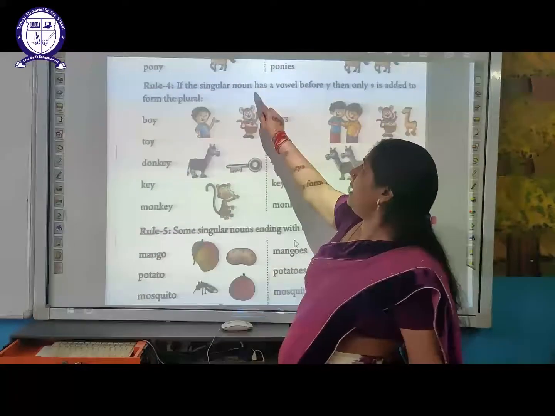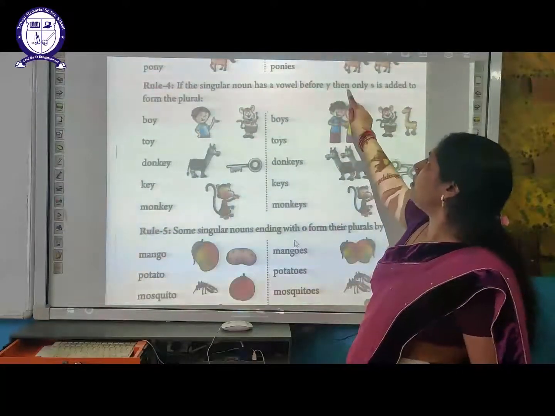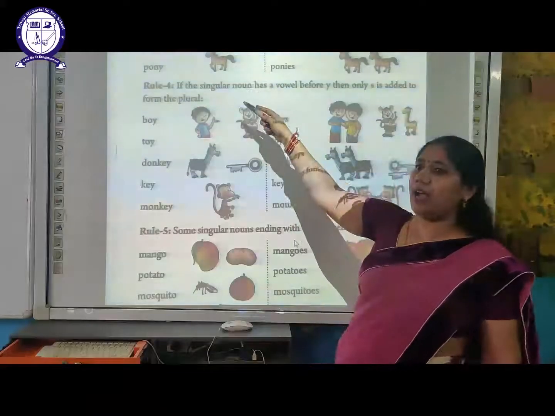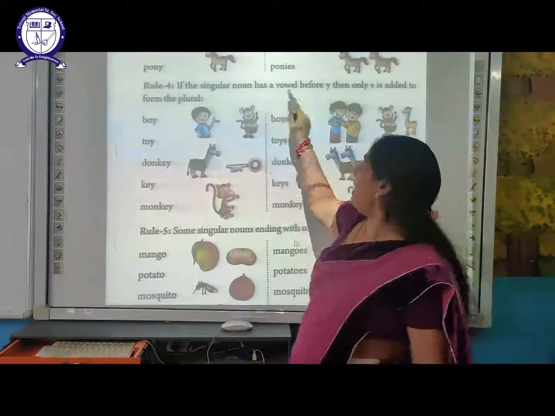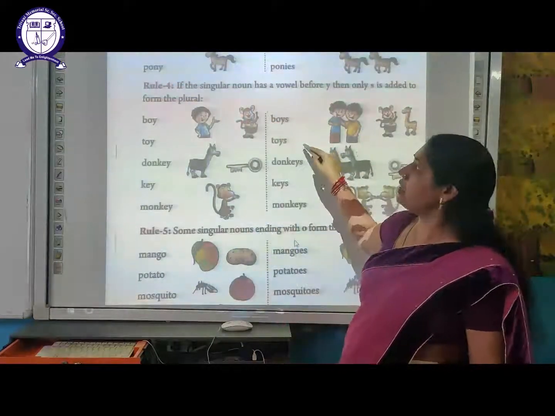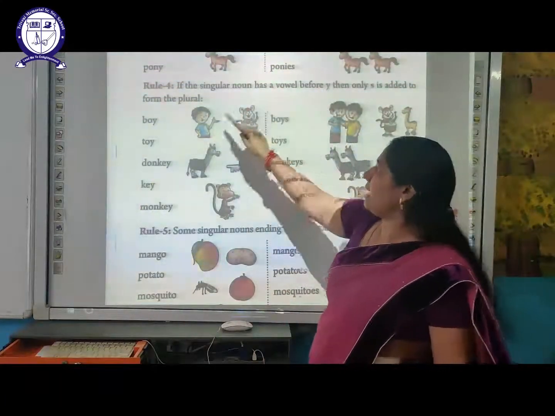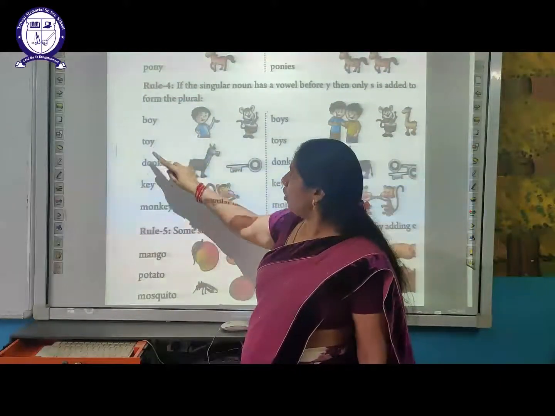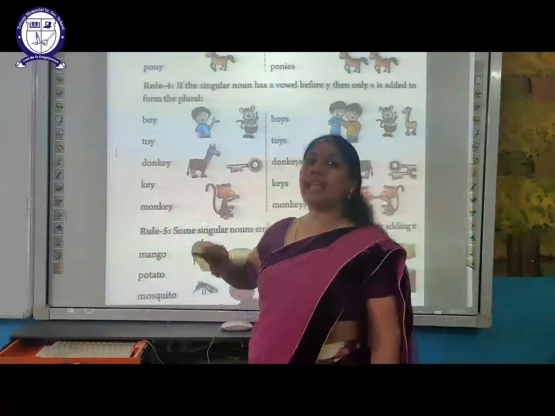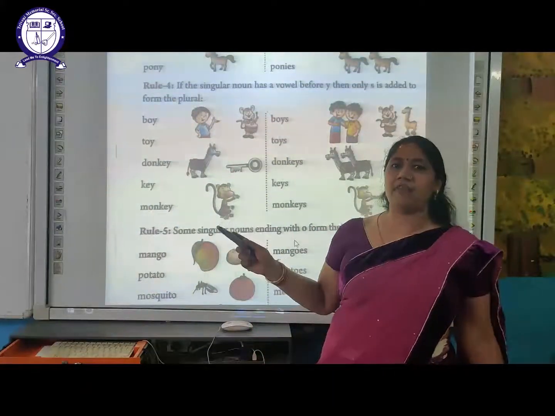If a singular noun has a vowel before y: in the previous rule, before y there was a consonant, and in this rule, before y there is a vowel, like o or e. So a, e, i, o, u: there are 5 vowels.